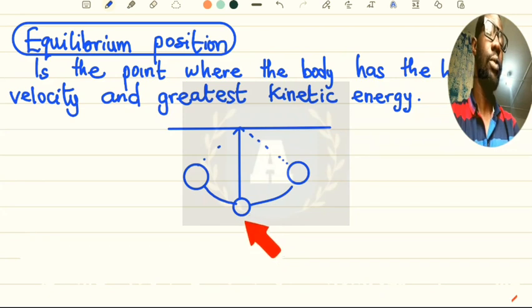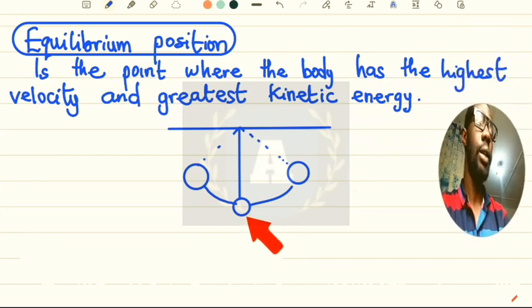That is where the object will have the maximum velocity, and there it will experience the greatest kinetic energy. Not this side or this side, but rather this center, this middle part.